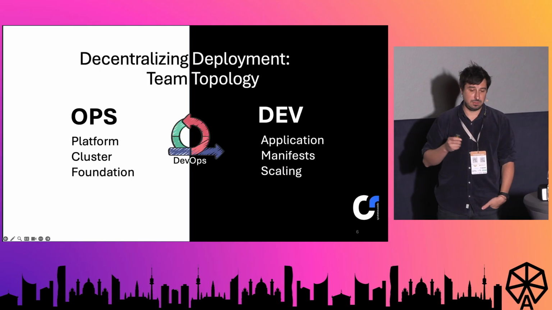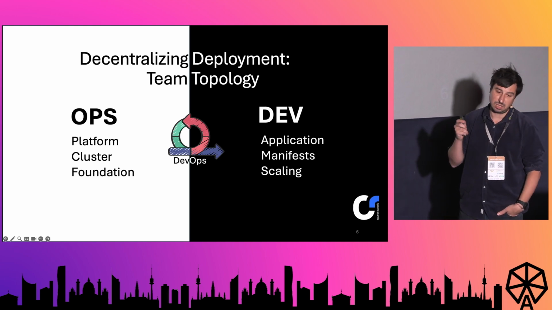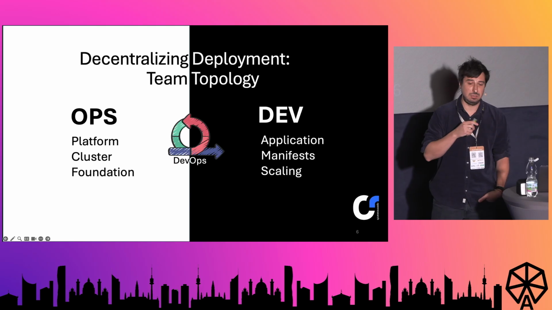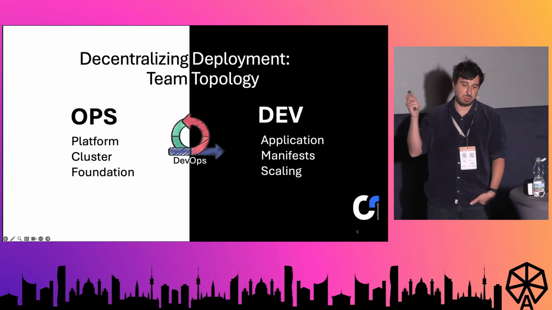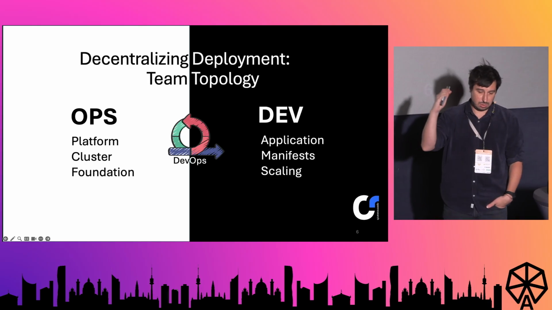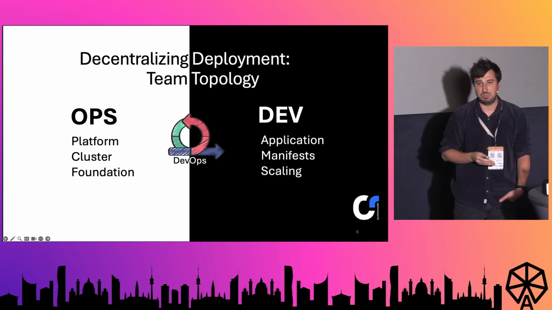But one of the biggest points in doing this was actually a cultural shift in the company, meaning that we basically decentralized the deployments and we changed the team topology to include the developers in this process, in them actually using the platform.